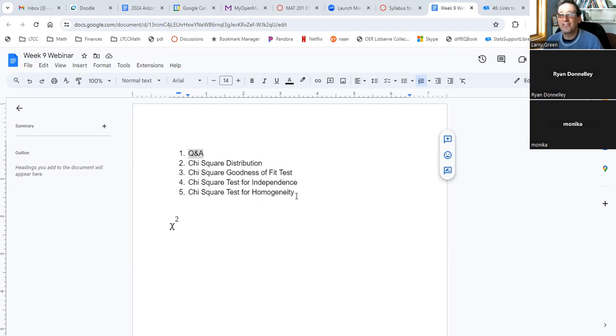Chi-square test for independence. You were using that to decide if two answers to two different survey questions specifically are independent. And that's different than a chi-squared test for independence, where it's not focusing on this answer and this answer.